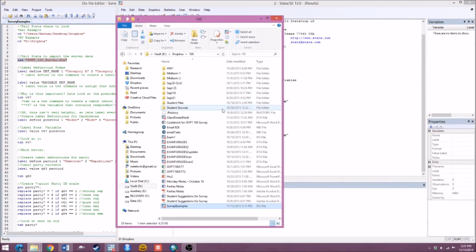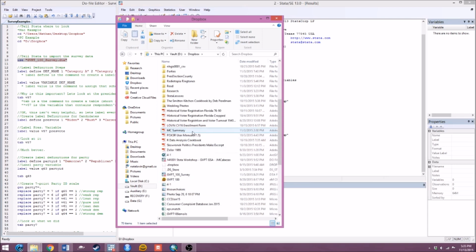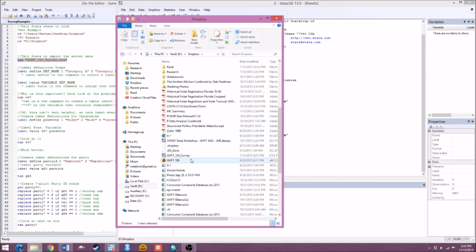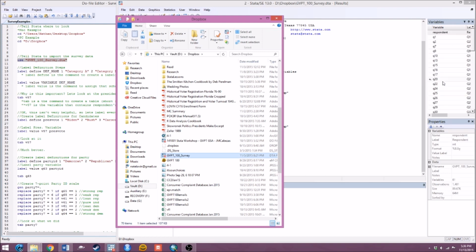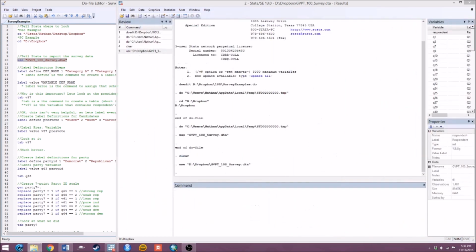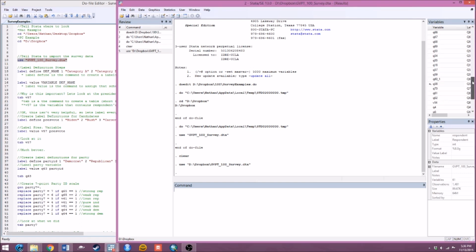So what I have here is a class folder. If I step back to find the data file, we can simply drag it over into Stata, and again we have our variables ready to use. So that's a couple of things that you can do.